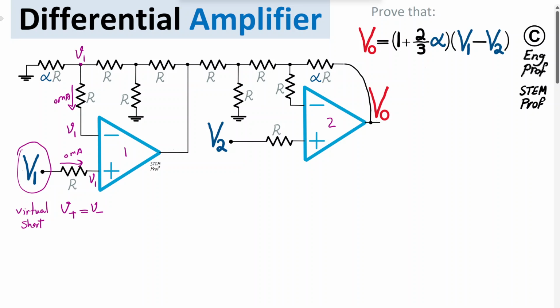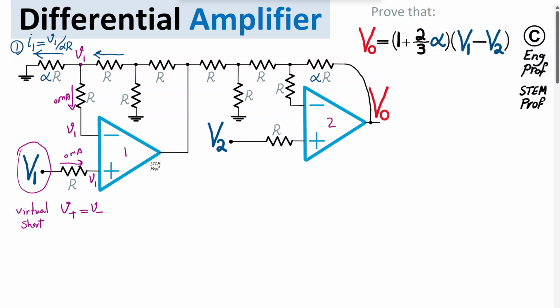Now we can compute the current that is going through the alpha R resistor. Because there is a voltage drop V1 across alpha R, we can say this current, which we refer to as I1, is simply V1 divided by alpha R. So let's have it as equation 1. Now, this current can only go through this resistor as well, so we can compute the voltage at this node.